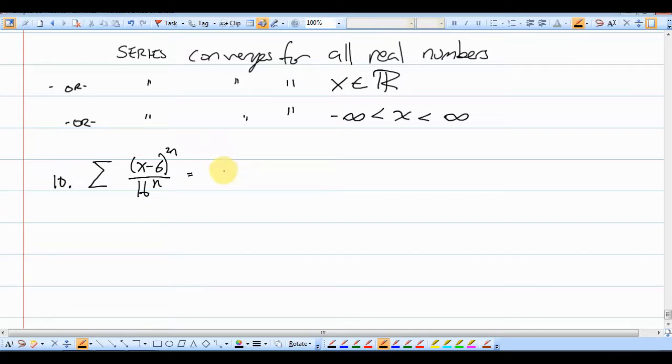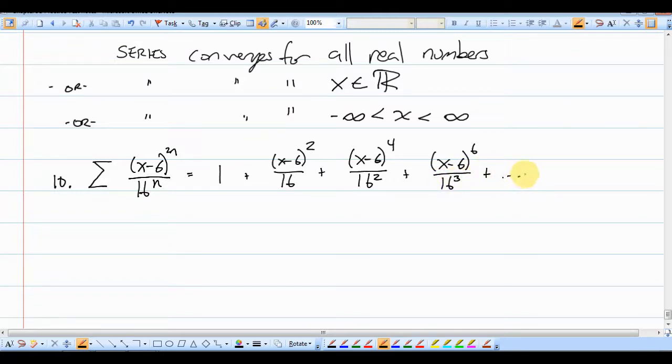So when n equals 0, you get 1. When n equals 1, you get x minus 6 squared over 16. When n equals 2, you get x minus 6 to the 4th power over 16 squared. When n equals 3, you get x minus 6 to the 6th power over 16 cubed, plus dot dot dot.